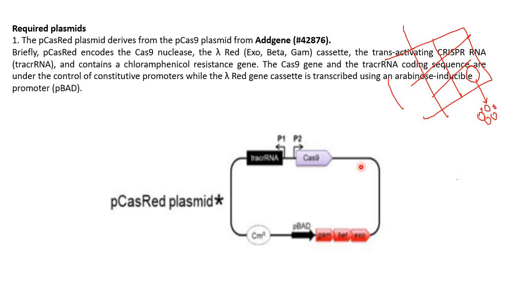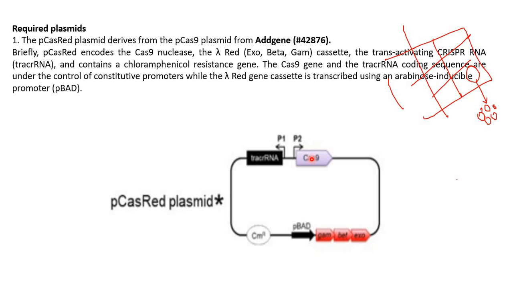So that is why I think it is called the bad promoter, but actually it is the arabinose inducible promoter. So your REC genes are under the control of this promoter. When you add arabinose, this promoter will activate the transcription of these genes.